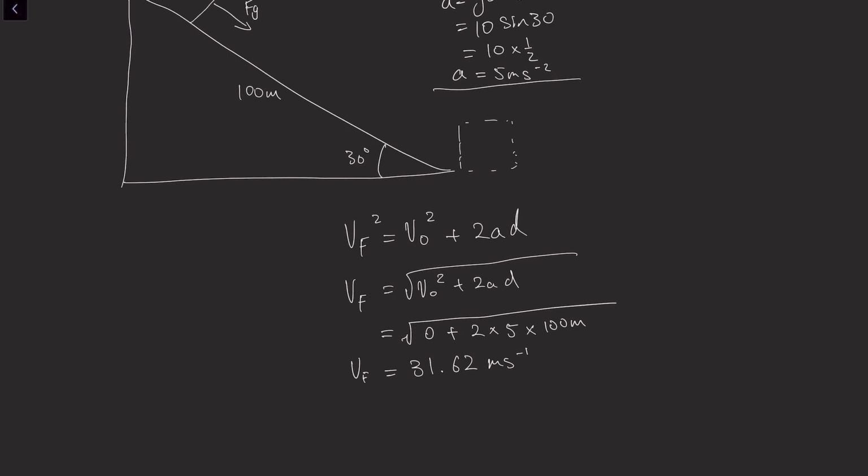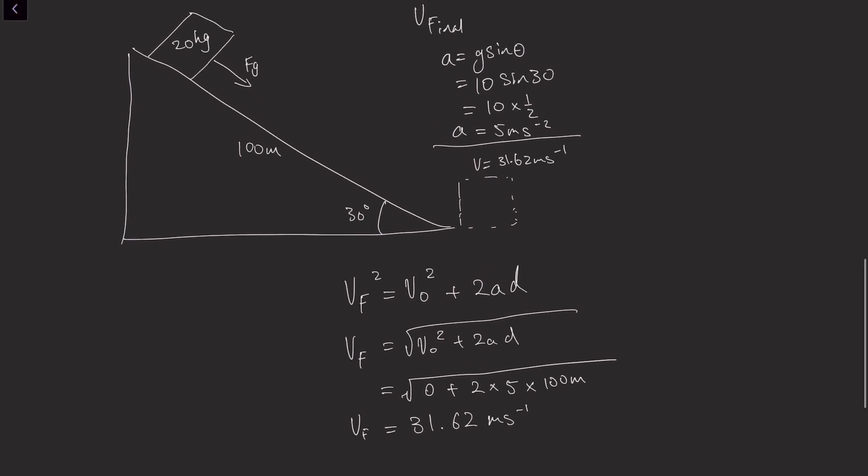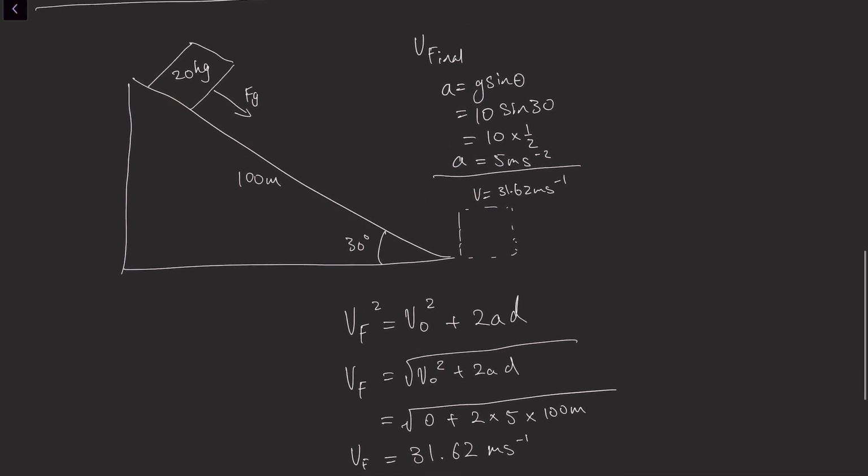Once it's all the way down here, your velocity will be 31.62 meters per second. So this is how you'll solve a question where they'll ask you, what is the final velocity of this block when it is on a slope that is 100 meters long, and this slope makes an angle 30 degrees from the horizontal?